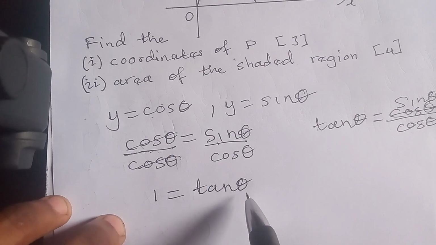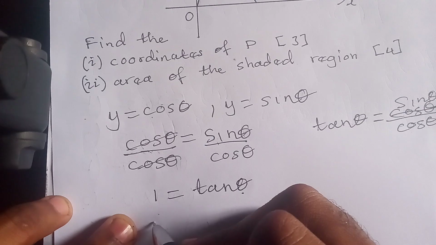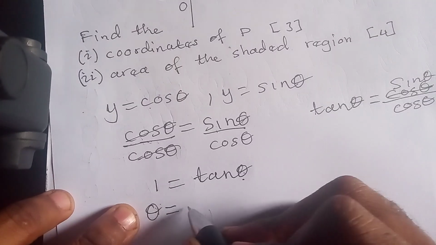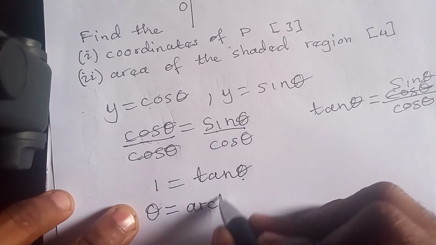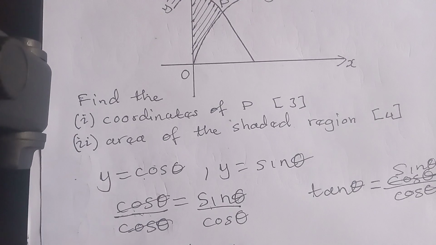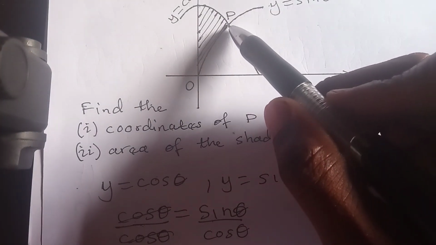So now to find my theta, I can say tan theta is equal to 1, so theta is arc tan 1. You may not even need the alpha here because you know what is expected.